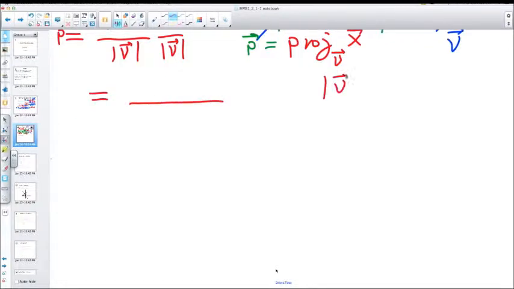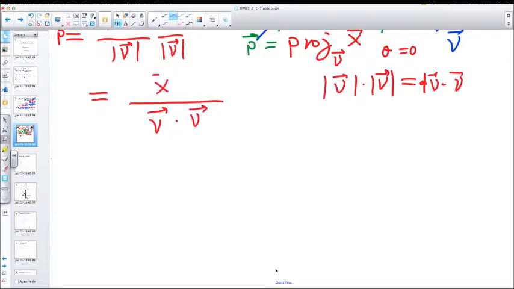And v times v, the angle is 0, equals v dot v. Just want to write it nicely. And then times v. That's the projection.